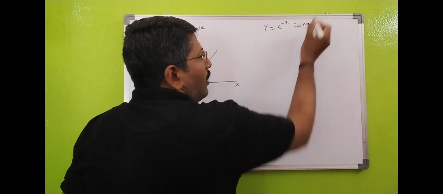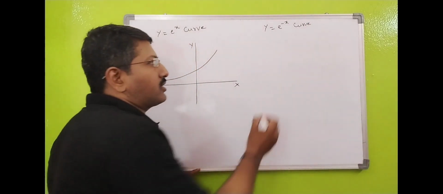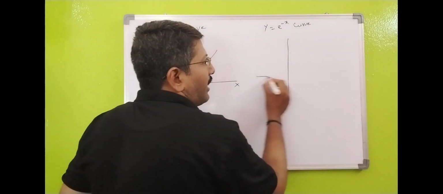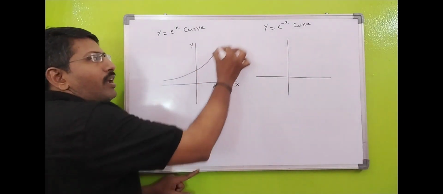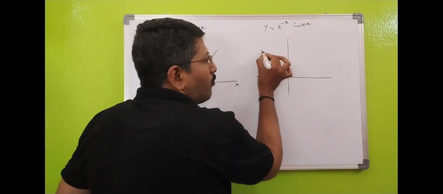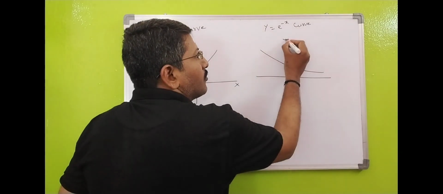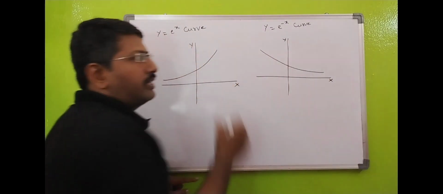If you see the y = e^x curve, it is represented like this. So here it is moving like this and here it moves like this, simply both in opposite direction.